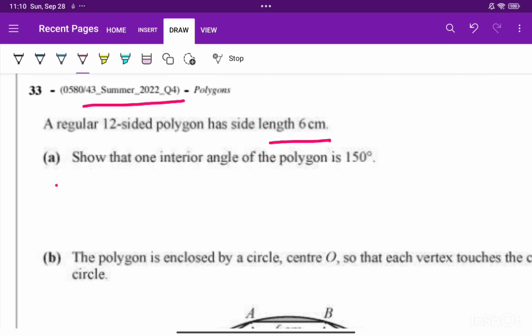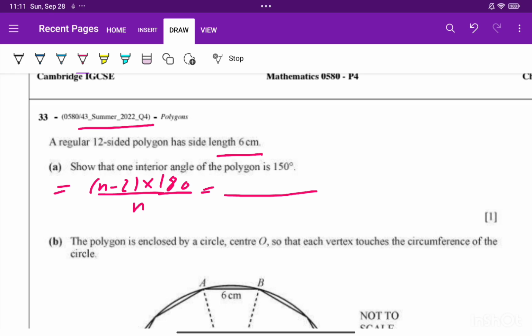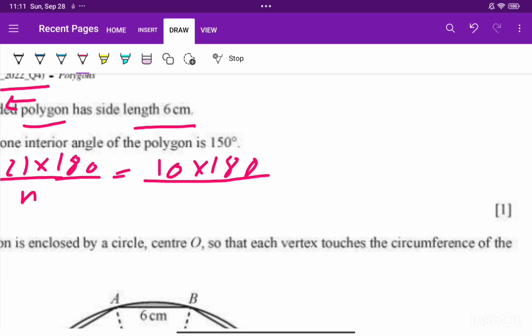So the interior angle formula is (n minus 2) multiplied by 180 divided by n. n is the number of sides of the polygon, which is 12. So 10 multiplied by 180, as 12 minus 2 is 10, divided by 12. So the answer will be 150.